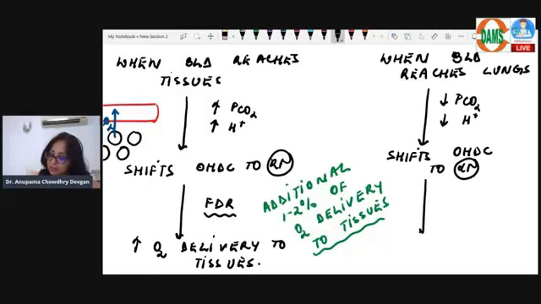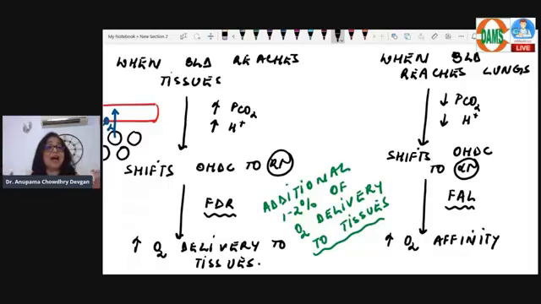And a leftward shift, if you remember the last class, I told you, FAL: favors affinity, a shift to left favors association. So there is going to be an increased oxygen affinity of the blood in the lungs.